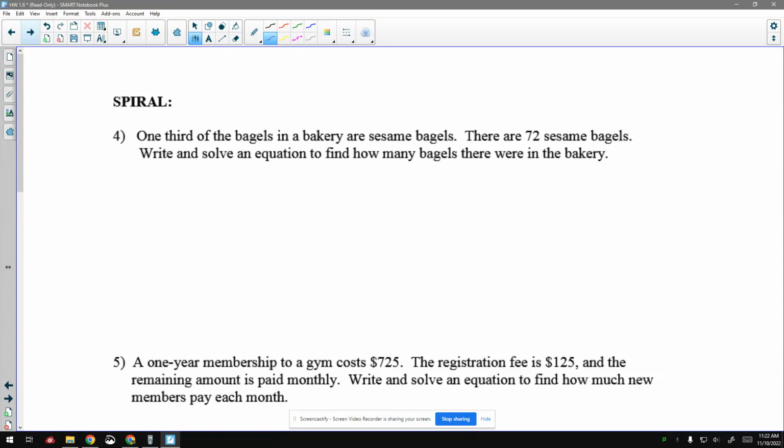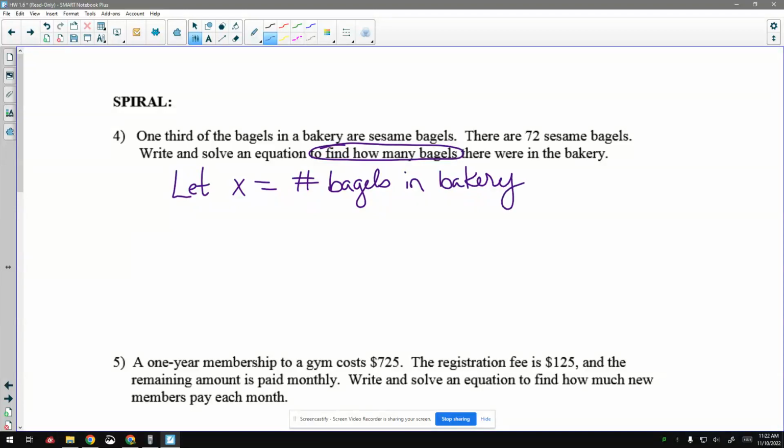All right, 1/3 of the bagels in a bakery are sesame. There are 72 bagels. Write and solve an equation to find how many bagels were in the bakery. That's your let statement. Let x equal number of bagels in the bakery. So this is all of the bagels, not just a certain kind. Now go back. 1/3 of all the bagels in the bakery are sesame.